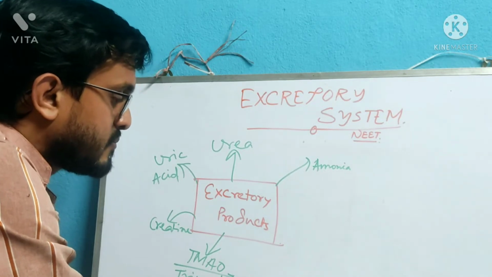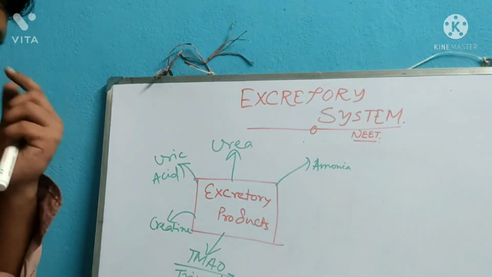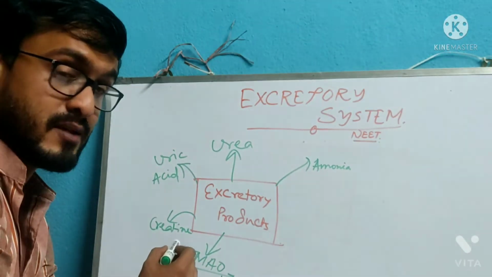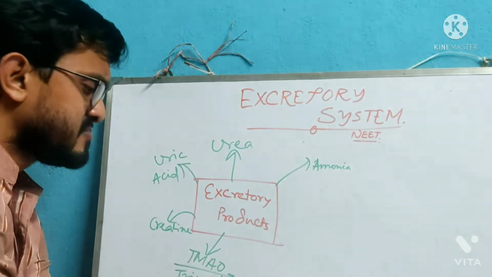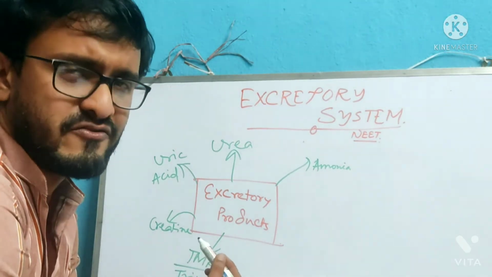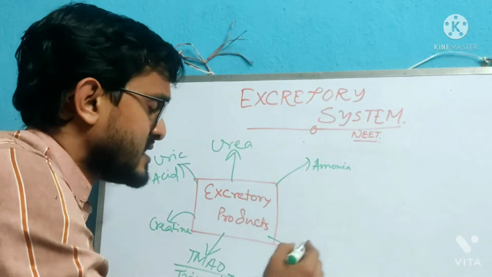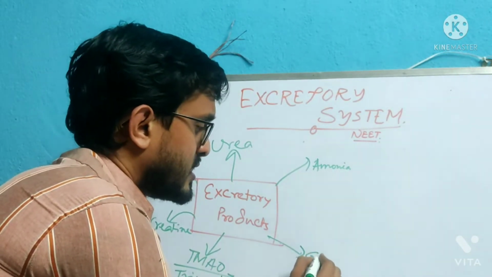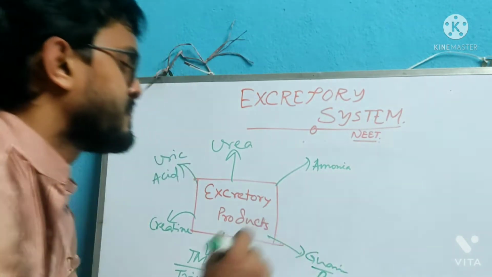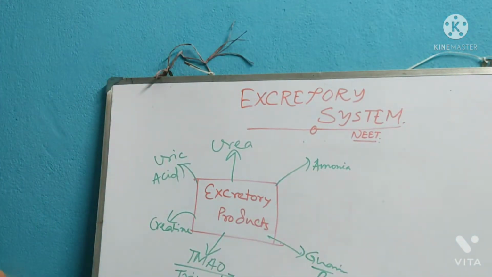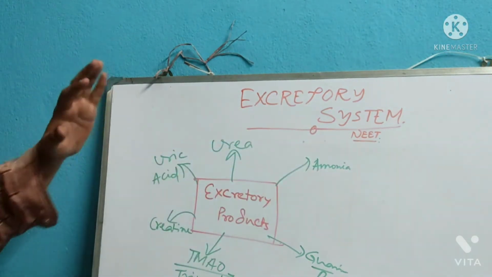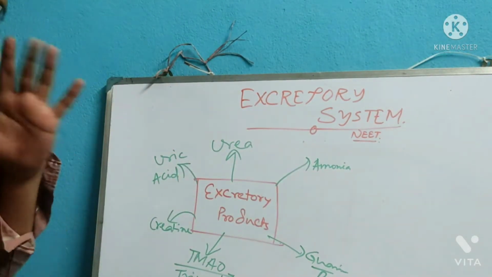It's a very important term, and it has already come as a question in exams. This is basically found in marine fishes. Another is guanine. This is found in birds. So basically these are the main excretory products, among which ammonia, urea and uric acid are the main primary products. The others are secondary.